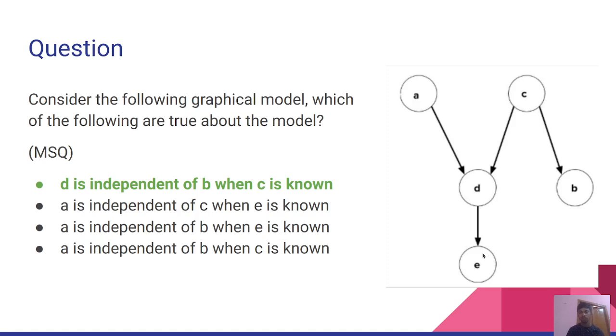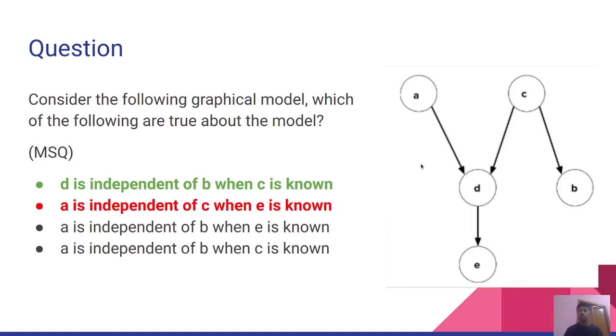One point to note here is that D and E are directly connected, right? So we know E here. Will that affect D, and will that affect the connection between them? False.